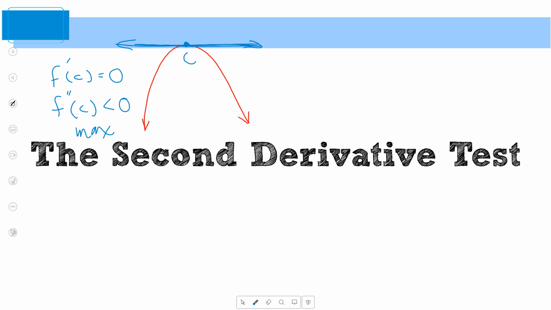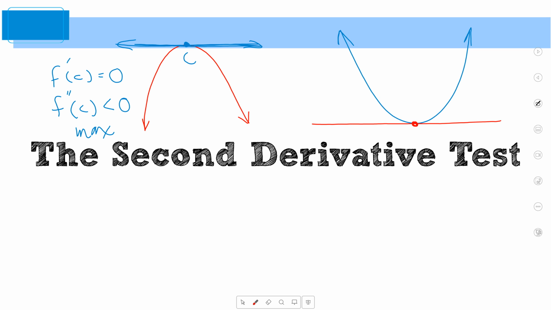Now take that idea and flip it over. I have a valley. And at the bottom of that valley is a point. And that point has a tangent line that's horizontal. Let's call this point D. f prime of D equals 0. That means it's a critical number.